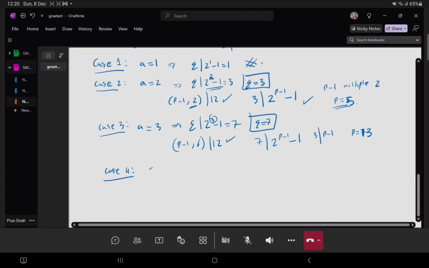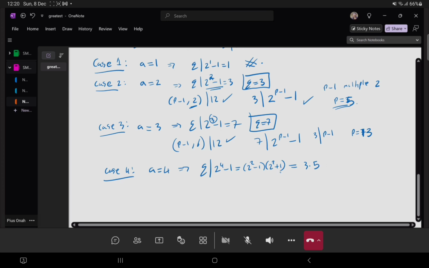Next is 4. So Q divides. Remember, this A should be the order, meaning that it has to be the smallest. So I think that will come in handy here. This can be factorized. We can just simplify and factorize, but this is 3 times 5.